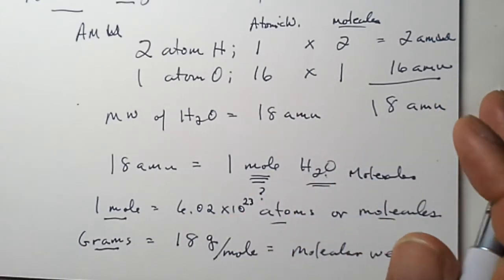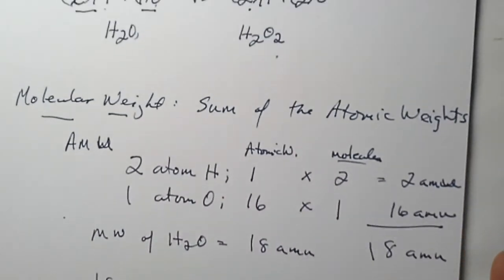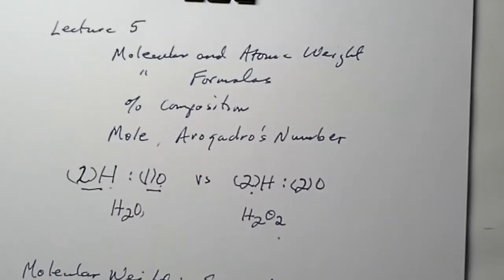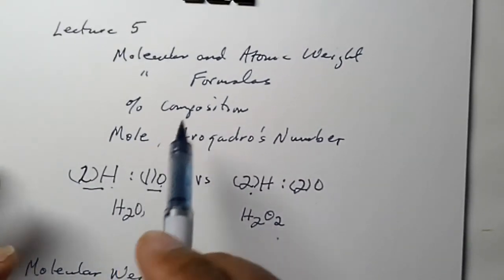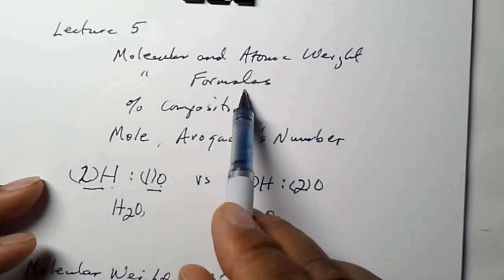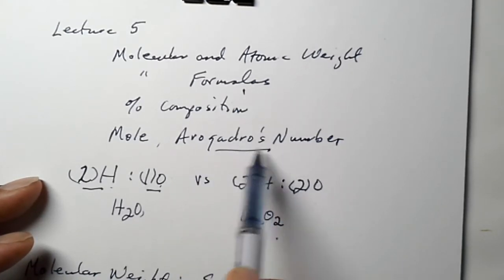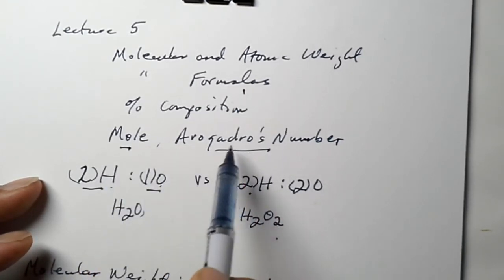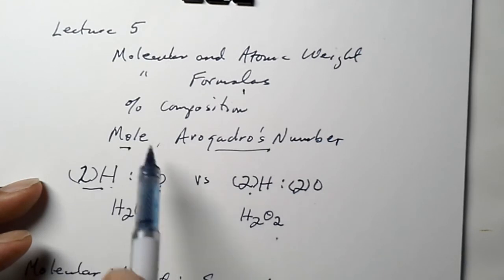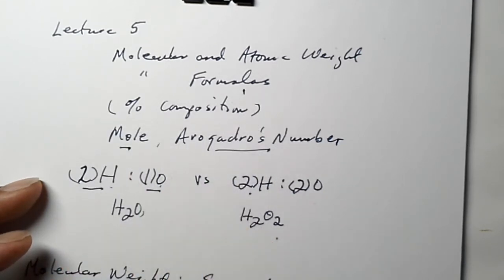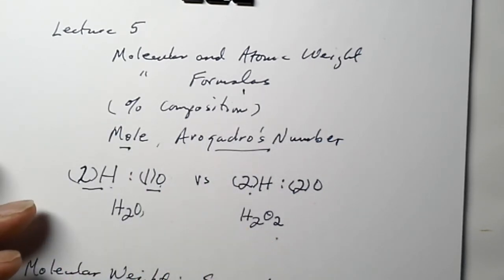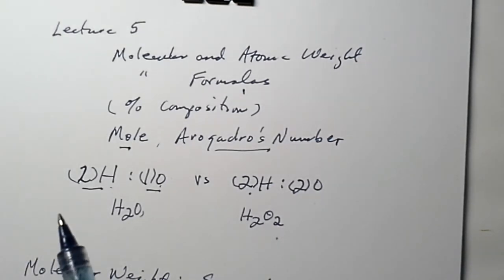But these are the basics of understanding molecular and atomic weight, how the formulas are determined. We use a mole and Avogadro's number, and so we'll talk in part 2 about percent composition, and we'll end with discussion of isotopes to end our lecture 5.